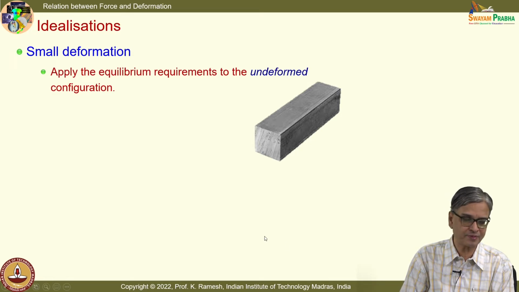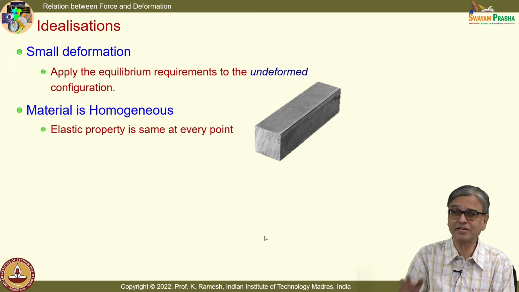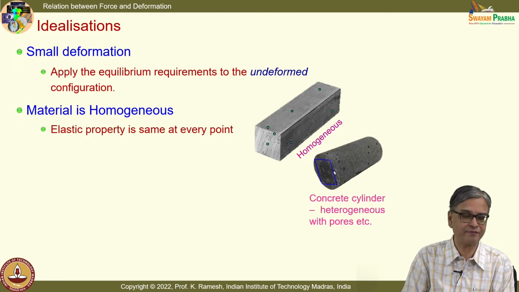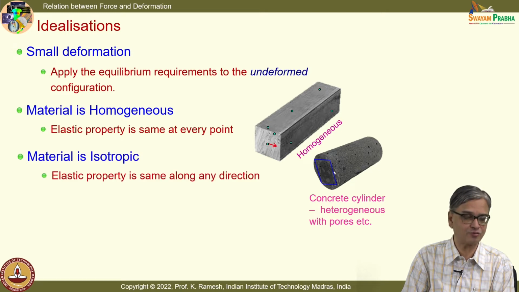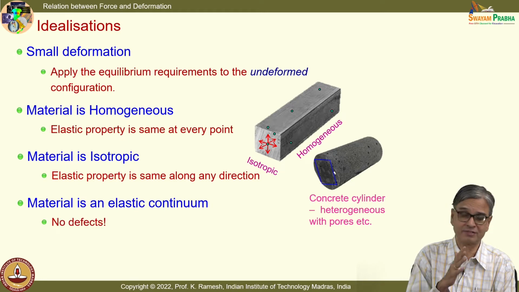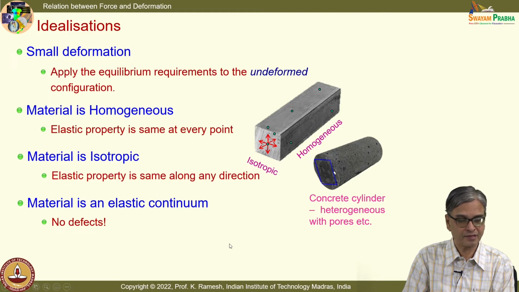I am going to pop up these idealizations again and again, because repetition is also very much needed when you learn a course. We have small deformation, we have homogeneity, we say elastic properties are isotropic, and then material is an elastic continuum. You must never forget these idealizations.